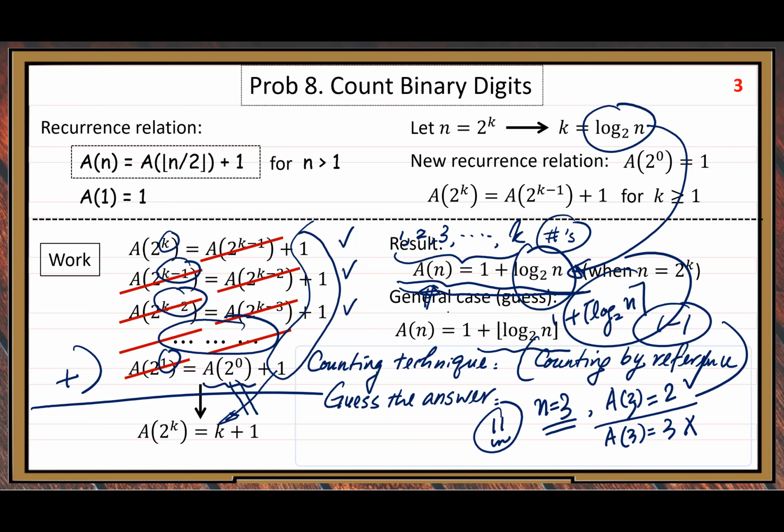So here we know this is the best guess we can make. But the unknown part is we do not know if it is correct or not. So the remaining step, we need to verify it to make sure it is 100% correct.